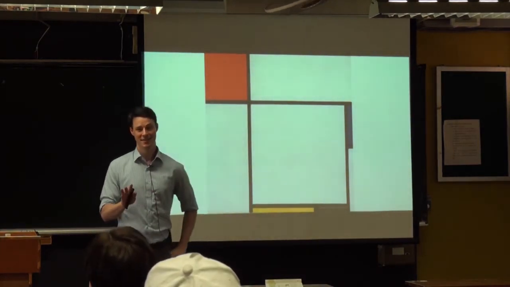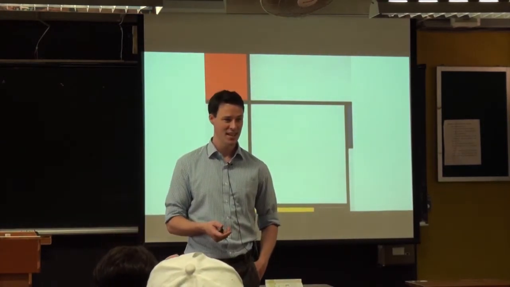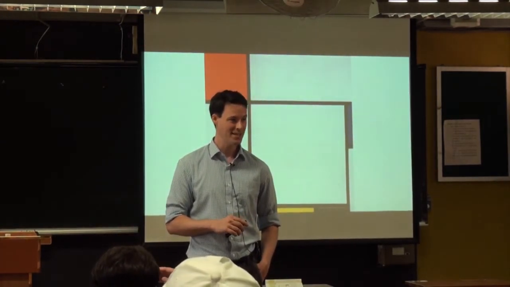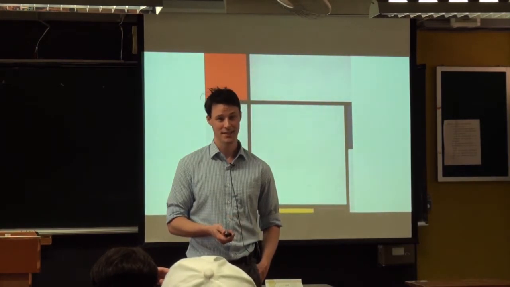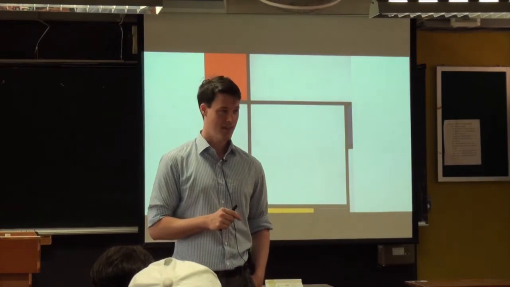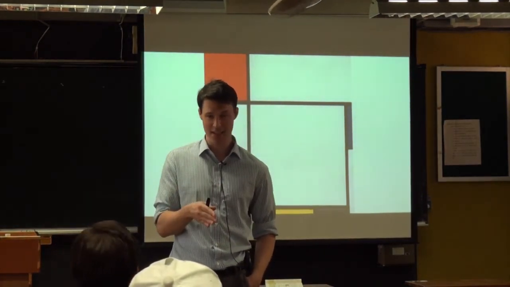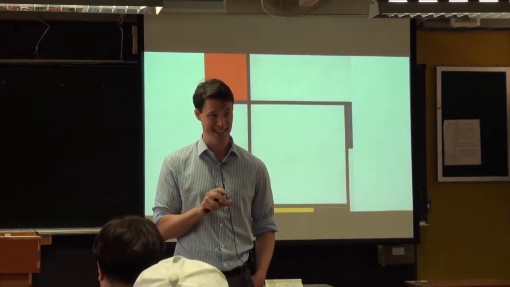But I can go on even further and see how, with this very simple painting, you can actually say quite a bit about it. It's not perfectly ordered. This painting is not perfect. Every single square is not exactly the same.